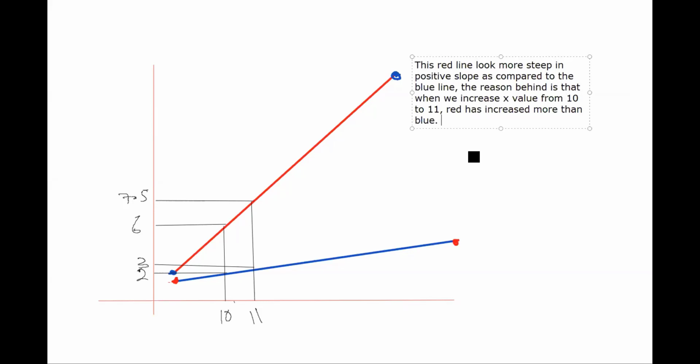So if the graph is steep, for a 1 unit increase in x, the increase is more than in the other graph.